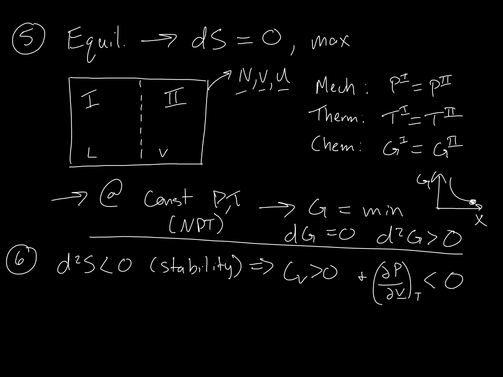So the slope of this expression on a PV plot, you always have to look something like this, where you have a negative slope.